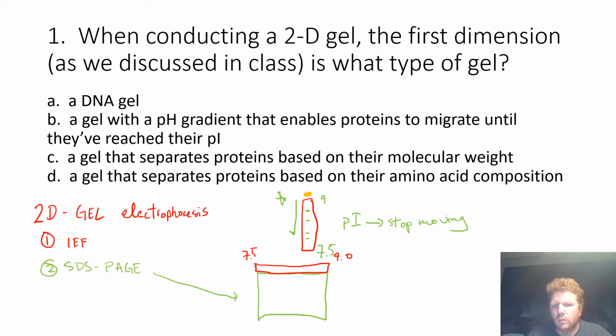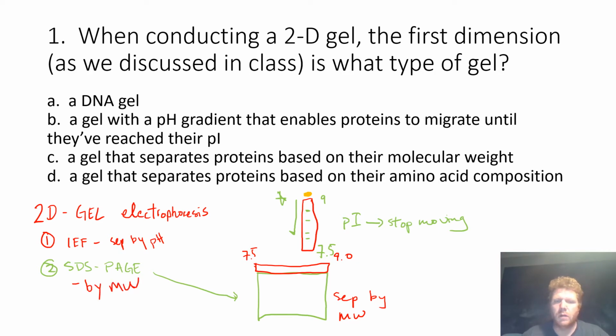And what you're going to be able to do is separate now by molecular weight. So your first dimension, your isoelectric focusing, separates by pH, and then your second dimension separates by molecular weight.